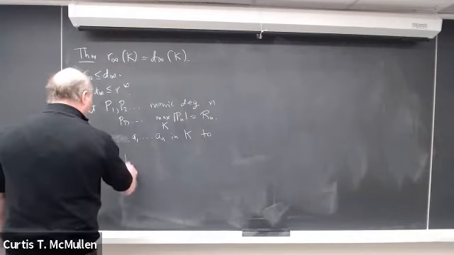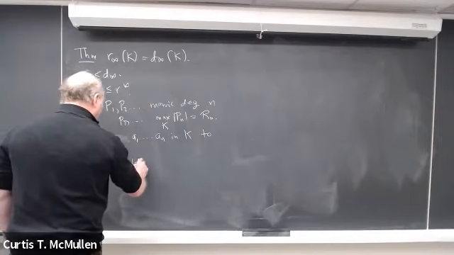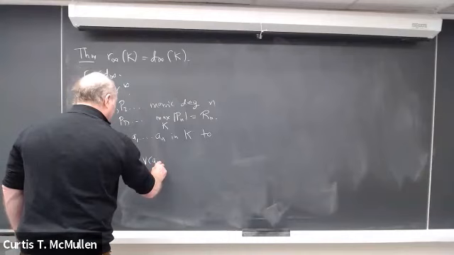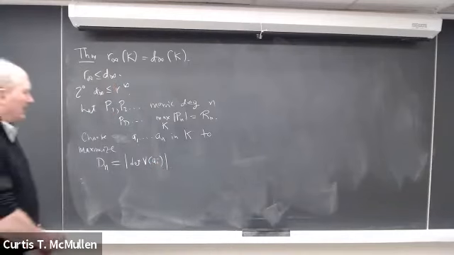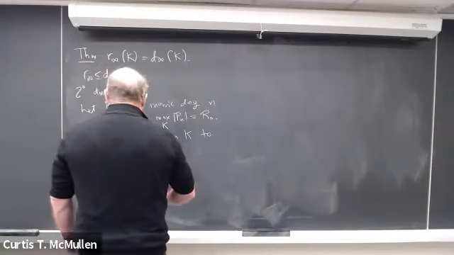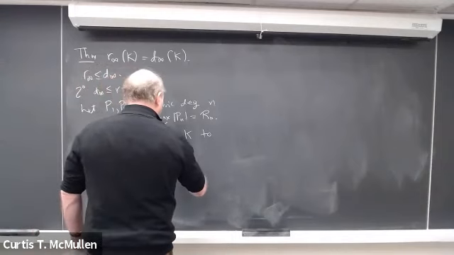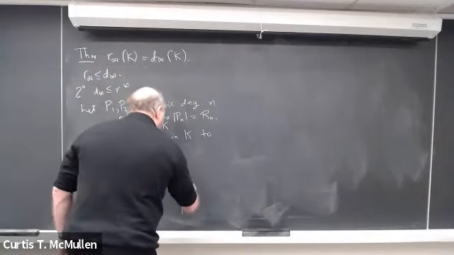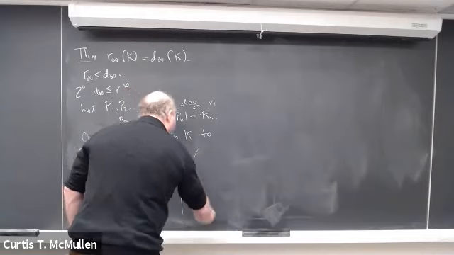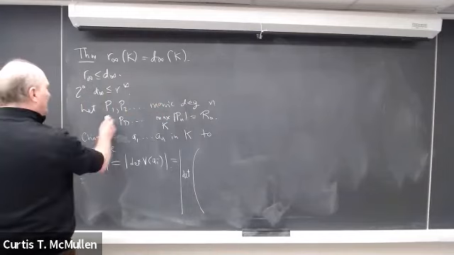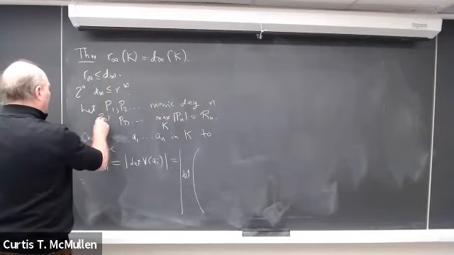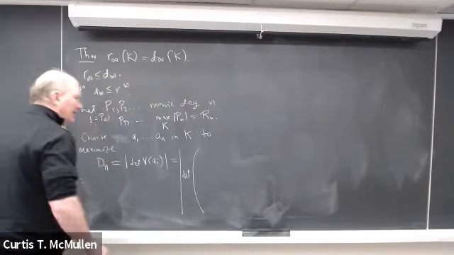It was the absolute value of the determinant of the Vandermonde matrix. And now comes our elegant trick. So what is this Vandermonde matrix? This is the absolute value of the determinant of, and by the way, I could include P_0 here. P_0 is just the constant 1.